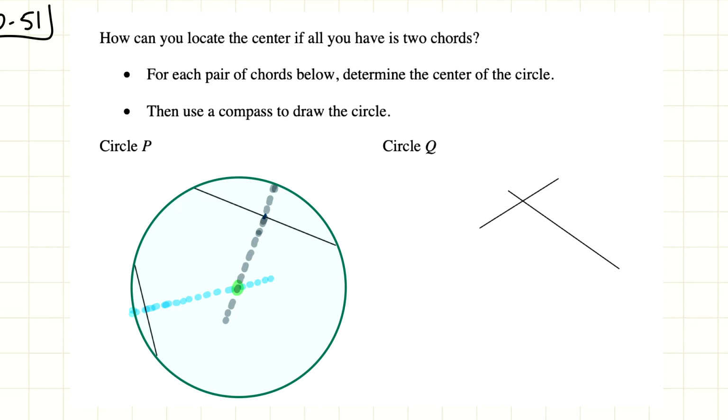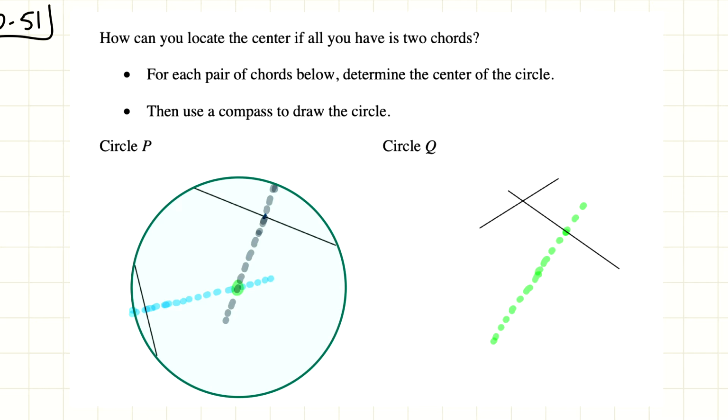So those chords don't intersect on circle Q. You'll notice these chords intersect. How can we do it on these? Well, it's pretty much the same method. I'm going to look for the middle portion of this line, somewhere around here, so I'm going to approximate, since perpendicular is going to be somewhere around here.